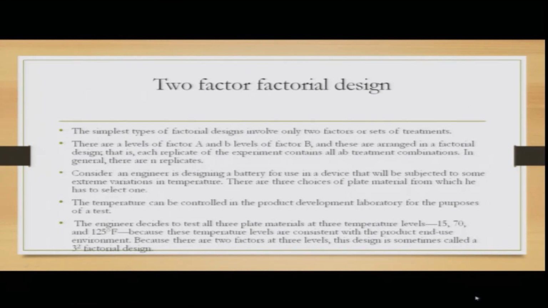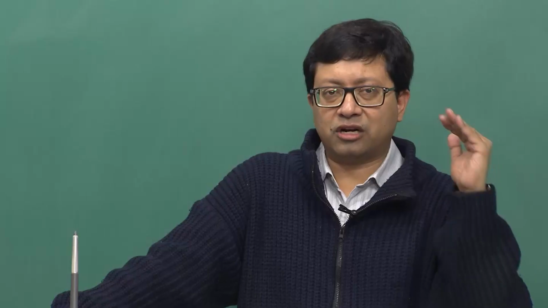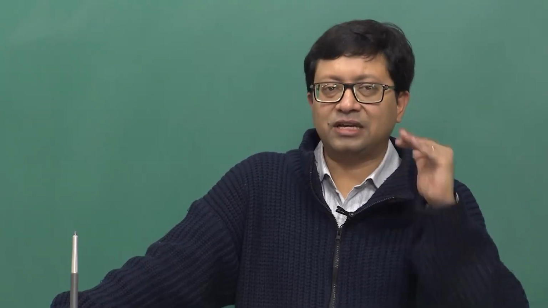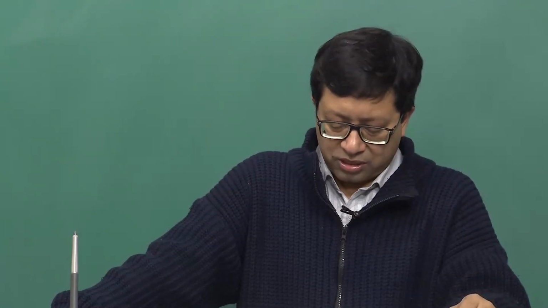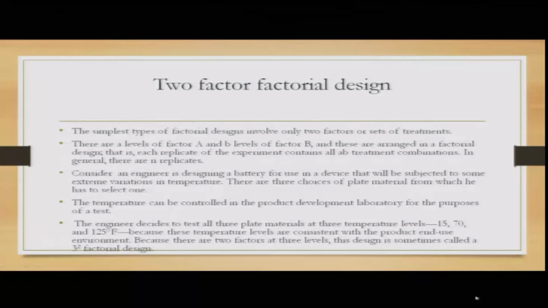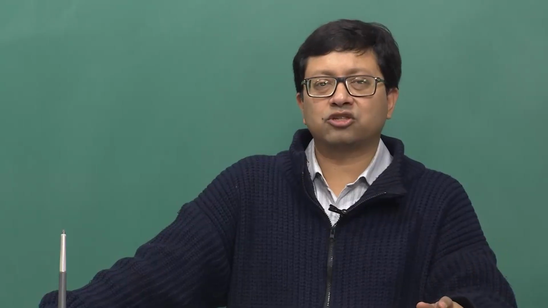In the other example, the etching problem, we had 4 different levels: 160, 180, 200, 220. Here the temperatures are 15, 70 and 125 degrees. These temperature levels are consistent with the product end use environment. Because there are 2 factors at 3 levels, the design becomes a combination of 3 to the power 2, which is 9.